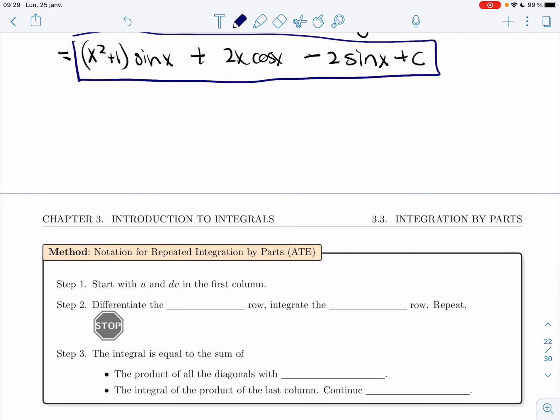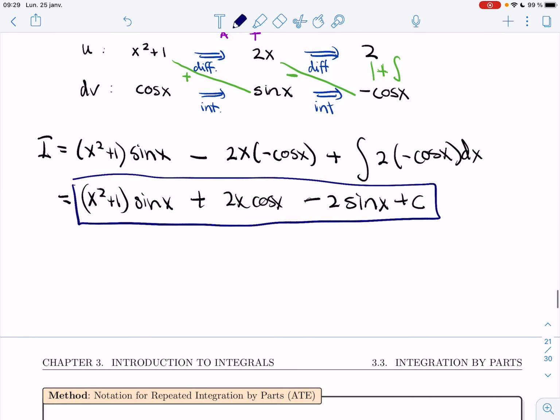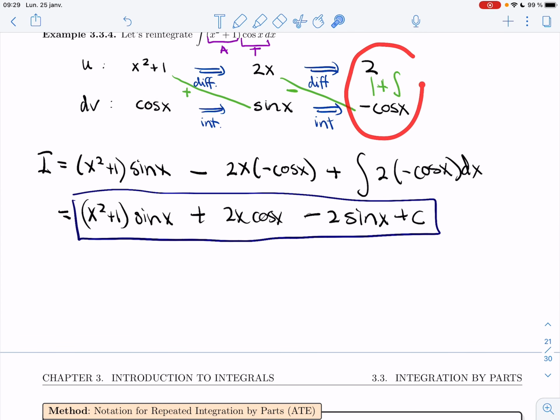Then you differentiate the top row, integrate the bottom row, and you repeat. You're going to repeat until the final column, that's the integral that you're left with, until you know this integral. In this case, we have 2 times cosine. That's fine, we can integrate that, so we stop.